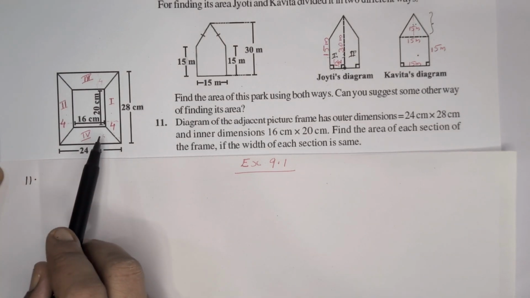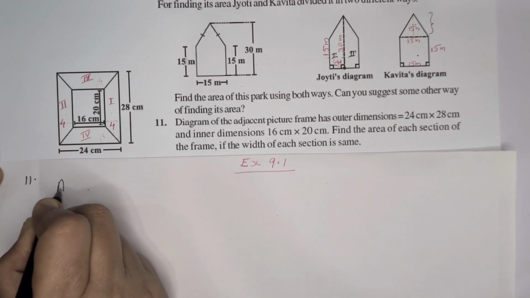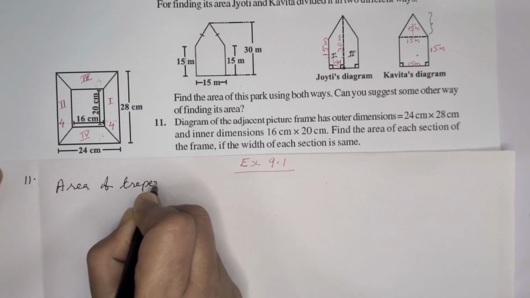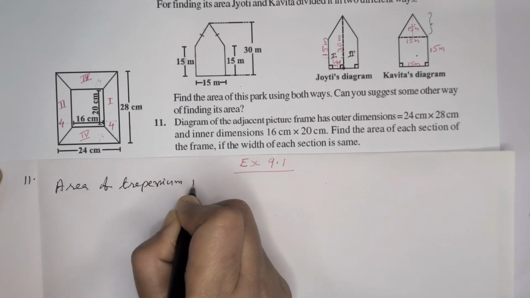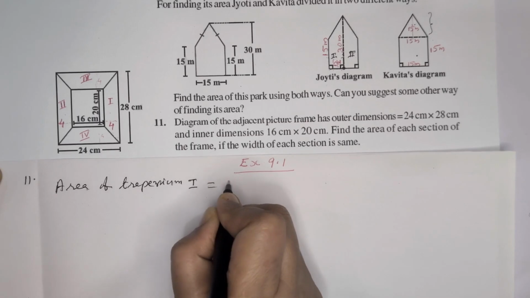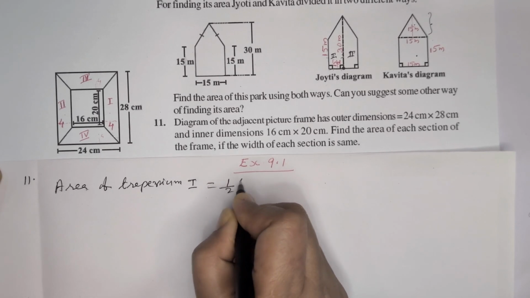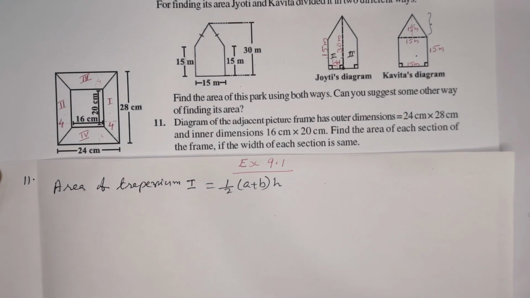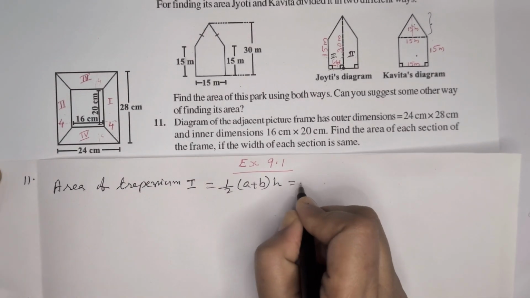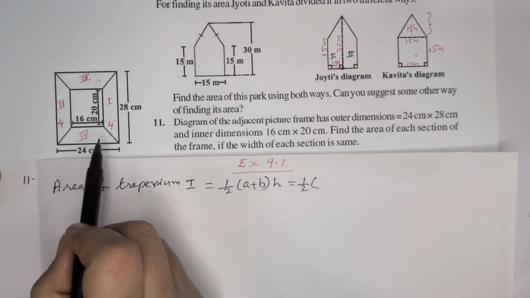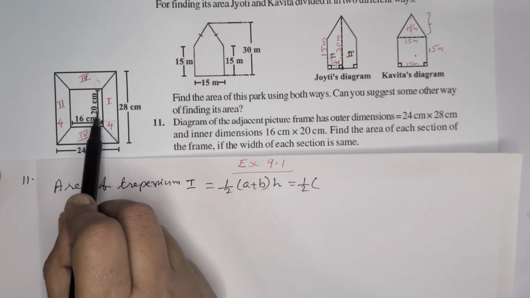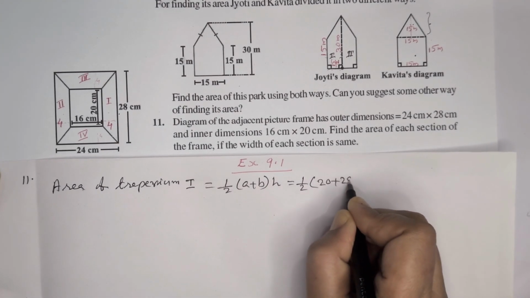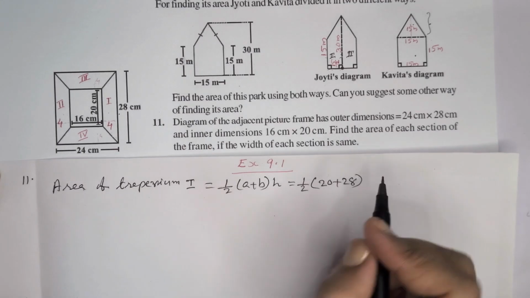So area of the first one, area of trapezium 1, is equal to, the formula is the same, half into (a plus b) into h. Here in the first trapezium, half into (a plus b), we can take a as 20 and b as 28, 20 plus 28, height is 4.